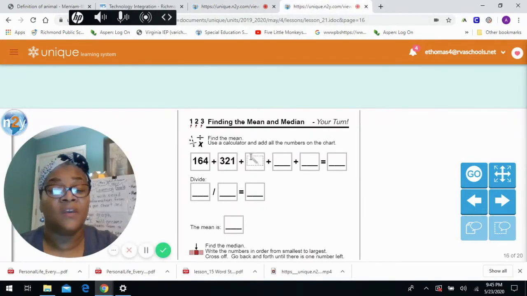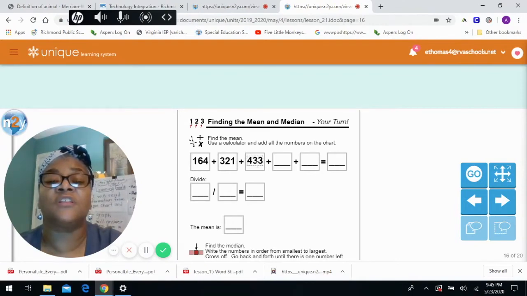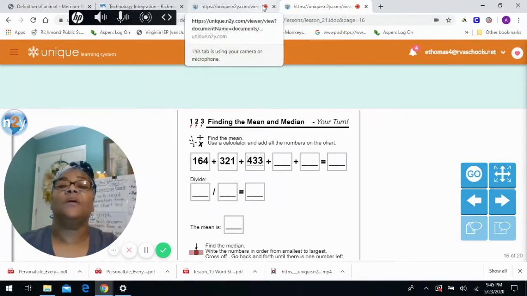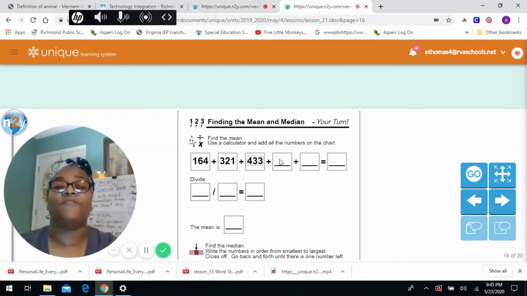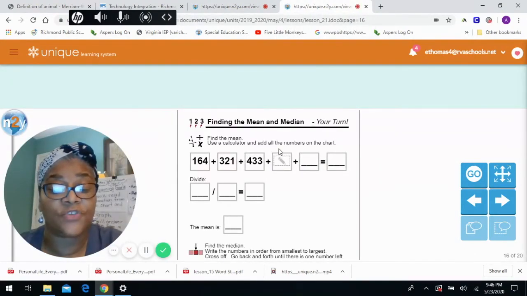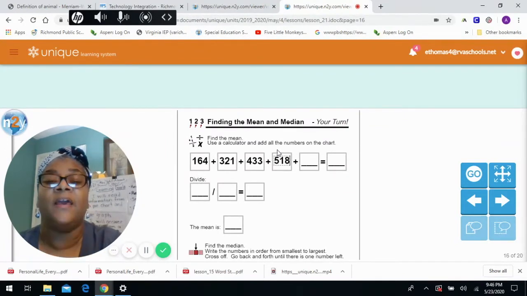Then the next one, after number three, we have number four. What number is that, guys? Come on, let's read it. 518. Yes, you all are getting it. So what are the digits? 5, 1, and 8.